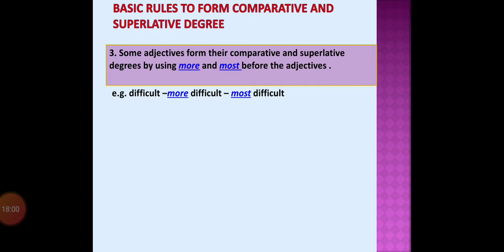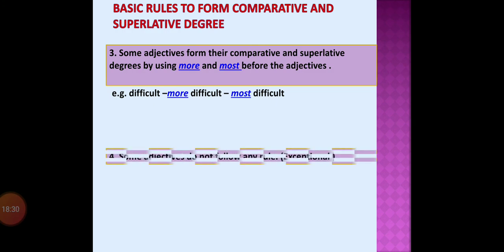It has a different rule. It is followed with more and most. To form the comparative we use more, and for the superlative we use most. So it will be difficult, more difficult, most difficult. Next we can take examples like beautiful, more beautiful, most beautiful, wonderful, more wonderful, most wonderful. These are so many adjectives where we can use more and most.